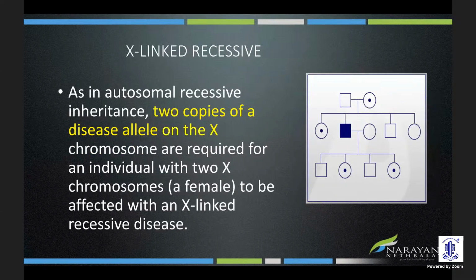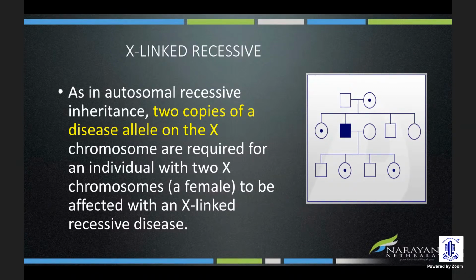Whereas in X-linked recessive, there is a slight difference compared to autosomal recessive. The reason being, males have only one X chromosome, whereas females have two. So even if there is a single defective copy, the males will express the disease because we don't have another X chromosome which can produce a good protein.